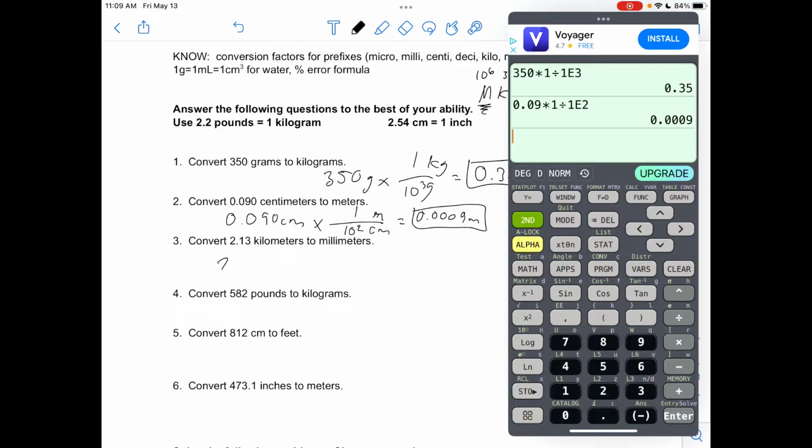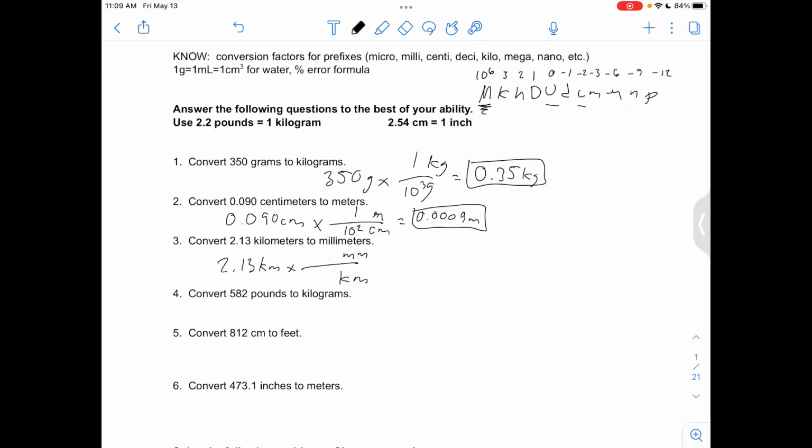Okay, next one, 2.13 kilometers. I want it in millimeters. So again, kilo is bigger, power of 10. Kilo is here, millimeters is here. So notice that it's the difference between them. So 3 minus negative 3 is actually 6. It's not 0, it's going to be 6, kind of like moving along the number line. So it's going to be 10 to the 6th power.